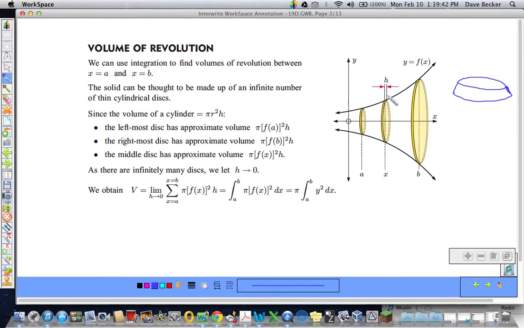But the more slices we take, the shorter this gets. Imagine this one here. Oh, that's a bad circle. Let me undo that.